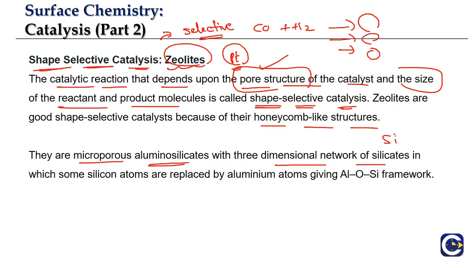Silicates are Si-O-Si. This kind of linkage is what we call the silicate linkage. And in zeolites, some of the silicon atoms will be replaced by aluminum. That's why we call them aluminosilicates. So they'll have an Al-O-Si kind of network framework. And the microporous nature on the surface of it will enable the zeolites to act as a shape selective catalyst.